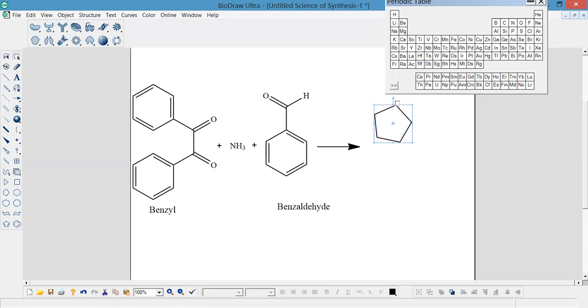We can move this bond like this. Now, this is the central imidazole ring.